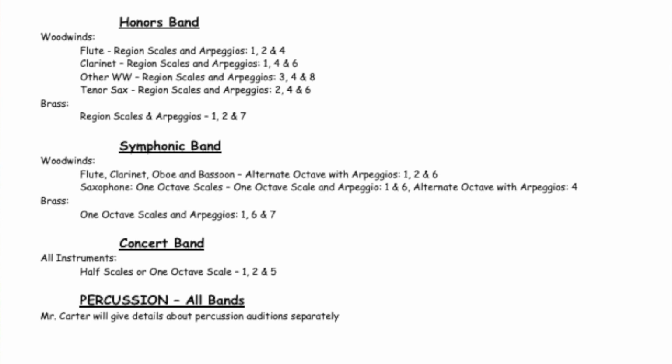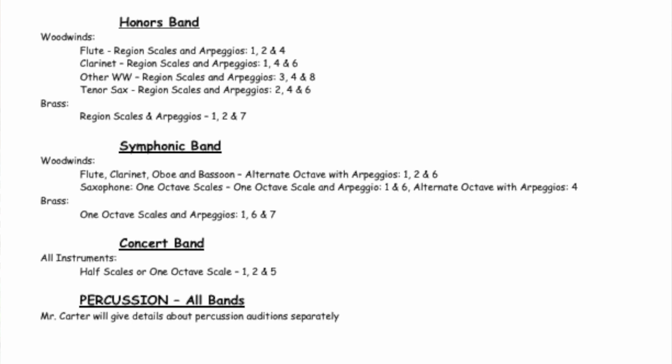The honors band is our top band. And that's mostly made up of 8th graders with a few 7th graders, mostly because the 8th graders have been playing for an extra year longer than the 7th graders. And so they've got a little bit more experience. To be in the top band, if you are a flute player, you will need to play the alternate octaves, the region scales 1, 2, and 4.